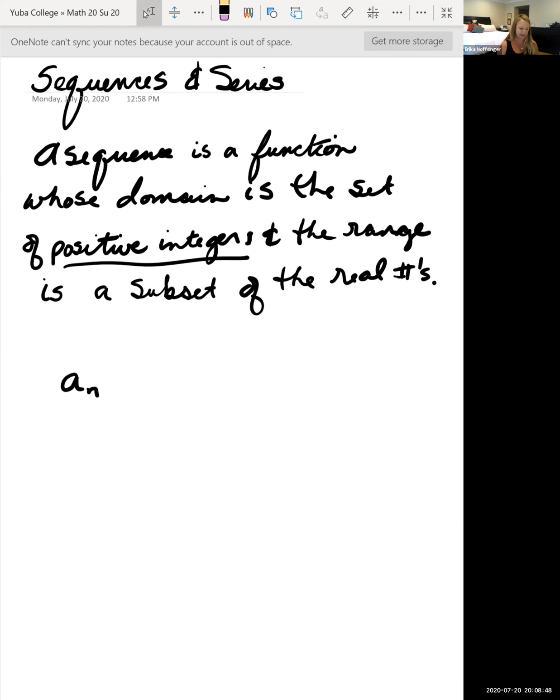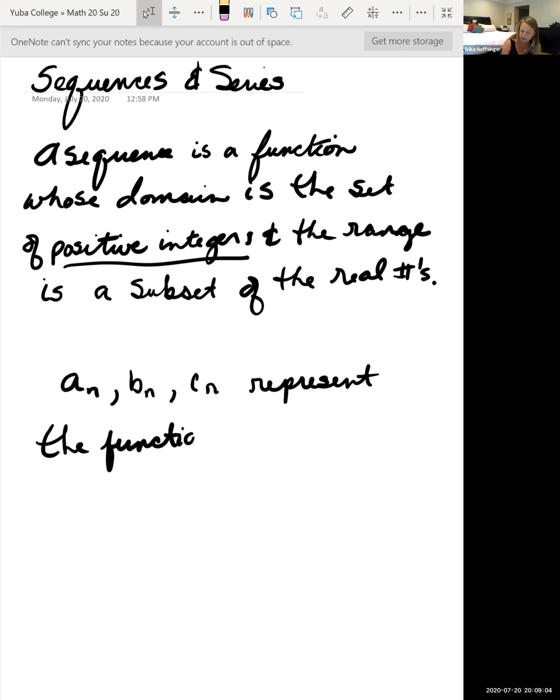So a sub n, b sub n, c sub n represent the function and give you the nth term of the sequence.